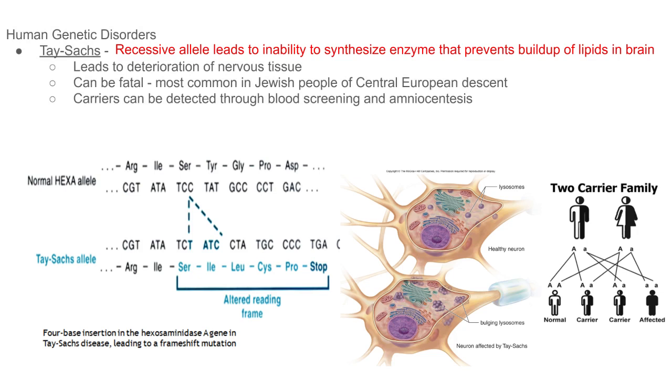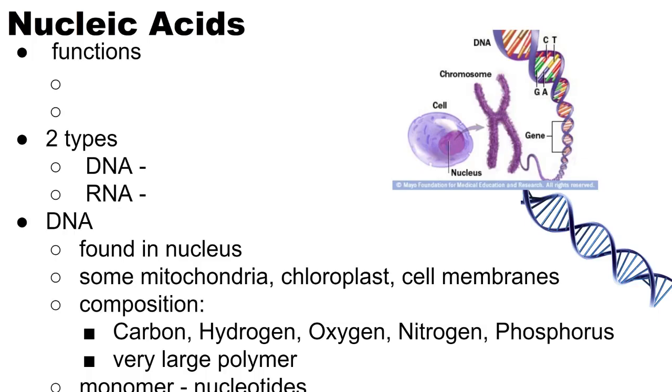Tay-Sachs disease is another one that affects enzymes. But these are genetic diseases where, in the genetic code, one single difference can lead to serious impacts to a person's health. So let's talk a little bit about our genes.